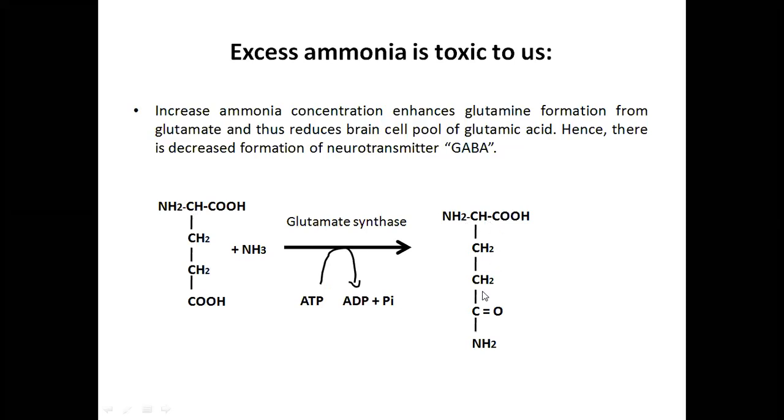This is glutamic acid, and here is one ammonia. This is why it is known as glutamine. There is also a typing mistake. It should be glutamine synthetase, not synthase. It will be synthetase. Why? Because here ATP is there. This is why it should be glutamine synthetase. So this is the reaction.